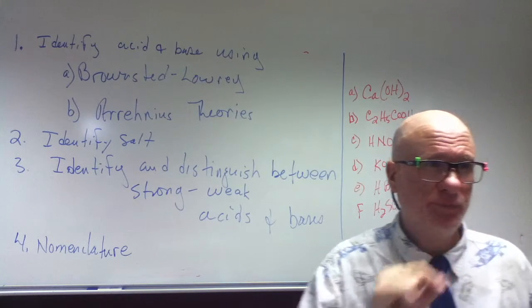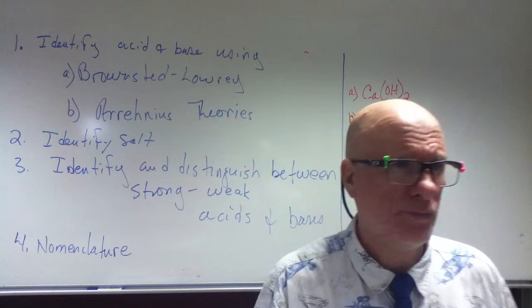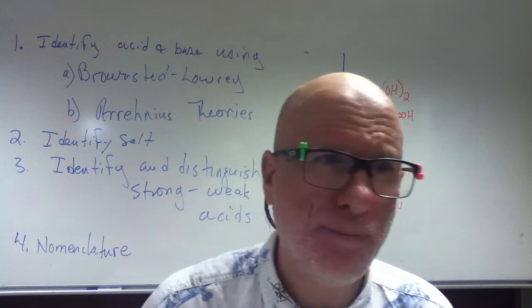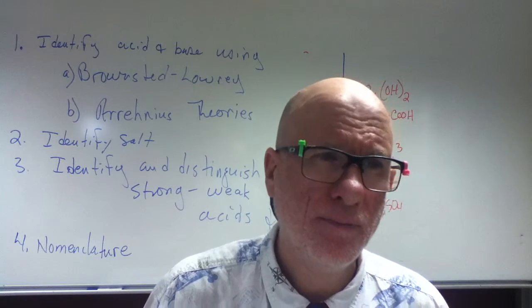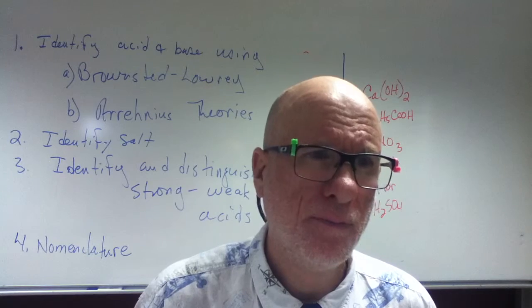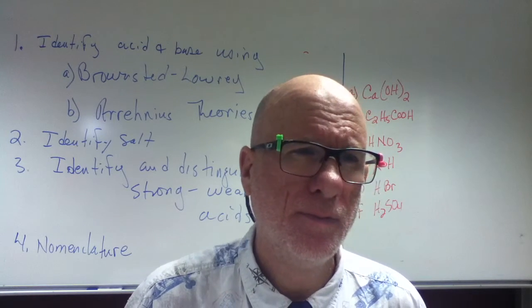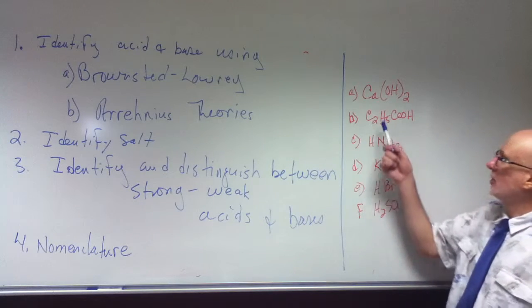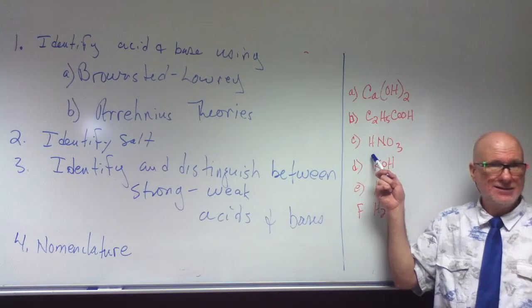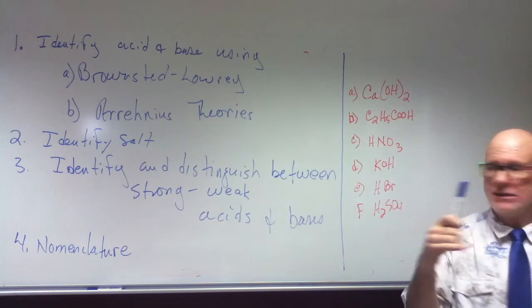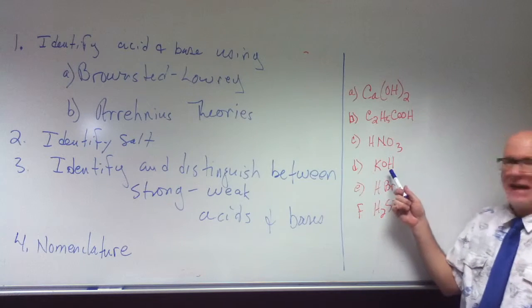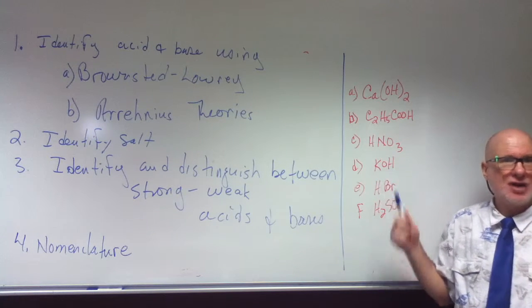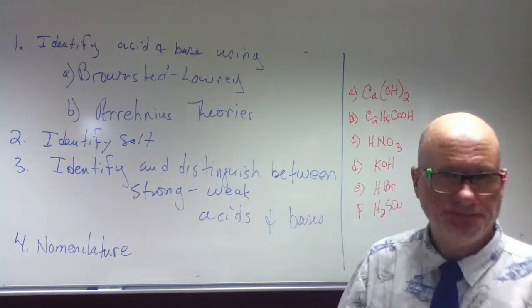It's something that ionizes into hydrogen ion, and a base is something that ionizes into an OH ion. That's correct. An Arrhenius acid is something that gives off hydrogen ions, which are protons, and an Arrhenius base is one that gives up hydroxide ions, right? All right? Yes?